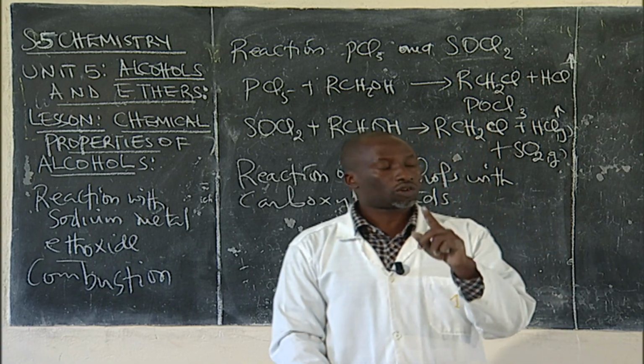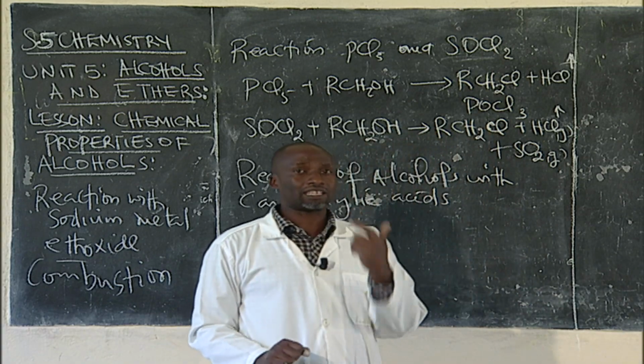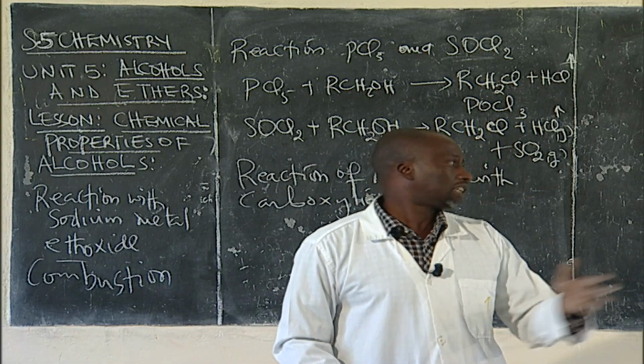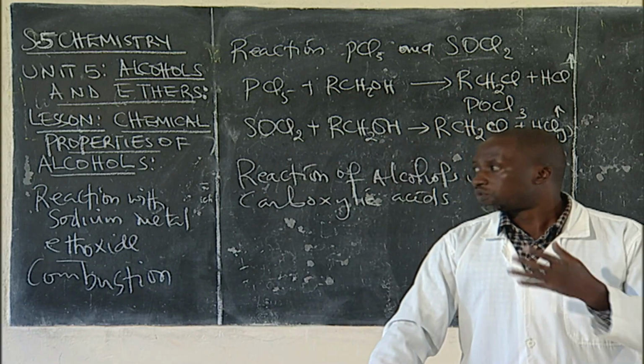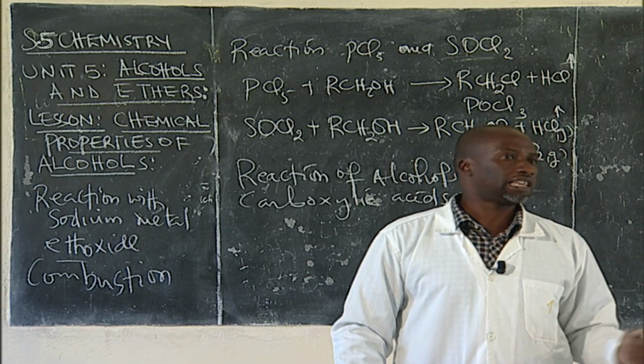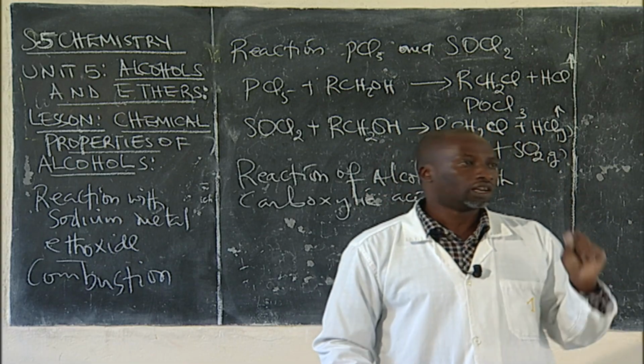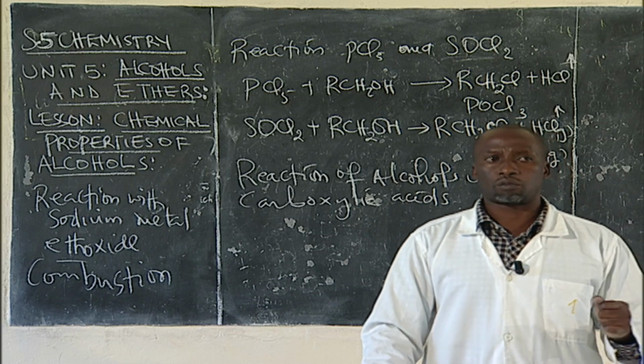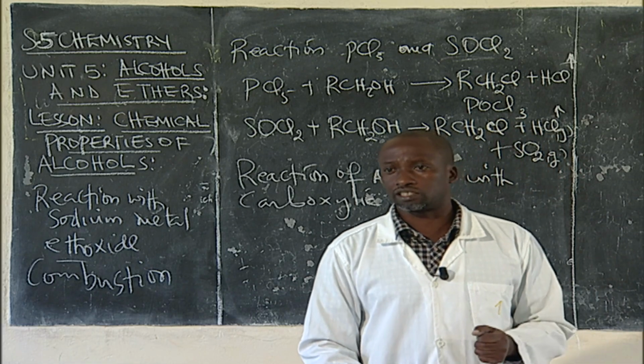Yes, I mentioned that the product is an ester, and esters are found in everyday life. When you pass around a compound, you feel a very nice scent produced by the sunflowers. That is an ester. Some of the plants produce those esters.